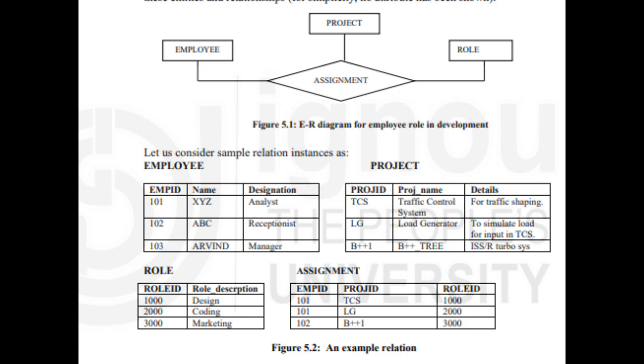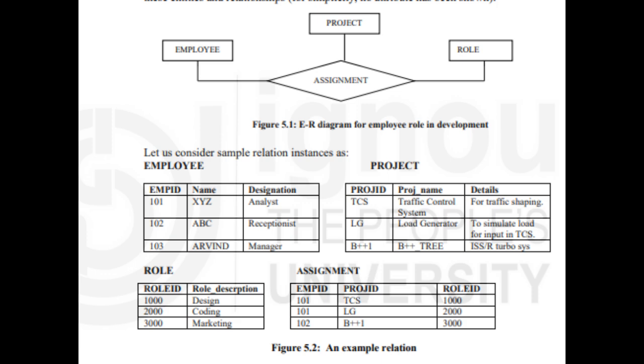The role relation describes the different roles required in any project. Assume that the relational schema for the above three relations are: employee (empid, name, designation), project (projno, proj_name, details), role (role_id, role_description). In the relations above, empid, projno, and role_id are unique and not null.